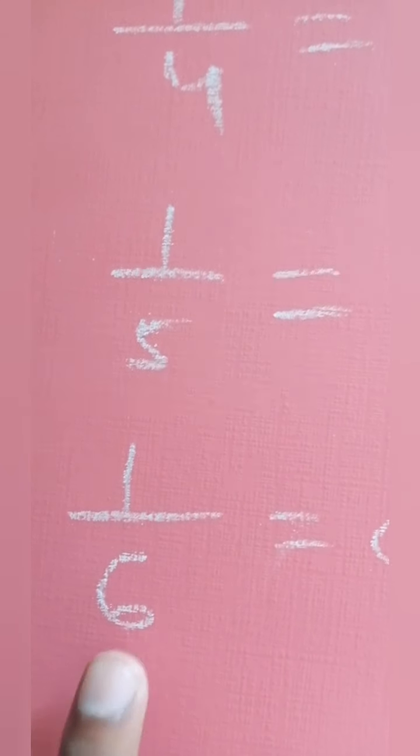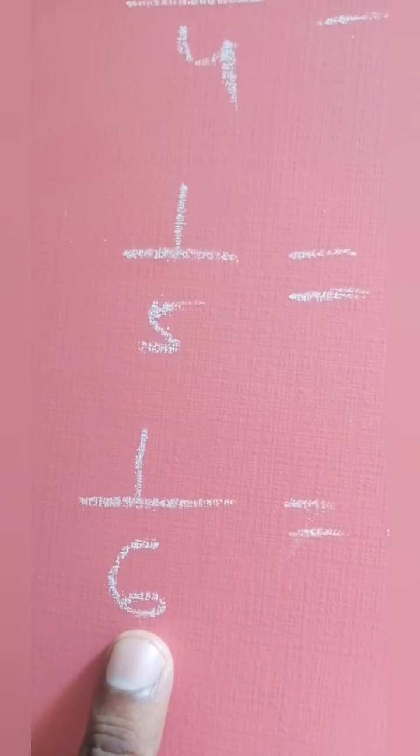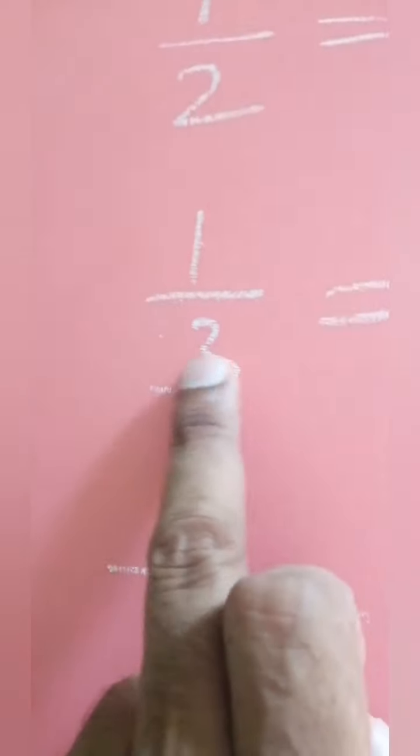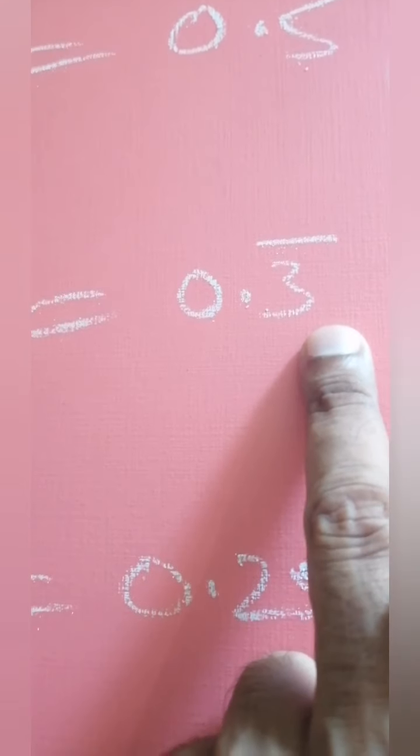6 is the denominator here, that means 2 into 3 is its prime factorization. As 3 is there, here we are getting a non-terminating decimal number, just like in 3 we are getting non-terminating.